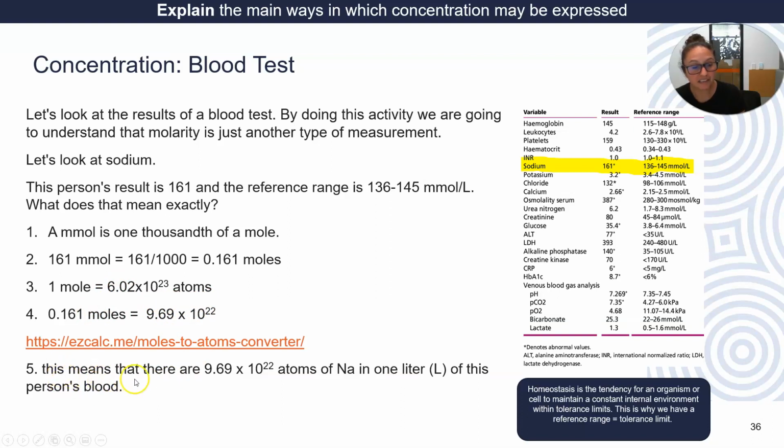This means that there are this many atoms of sodium in 1 litre of this person's blood, because it's millimoles per litre. So that's why it's useful to understand what moles and millimoles are and how that converts to actual physical atoms.